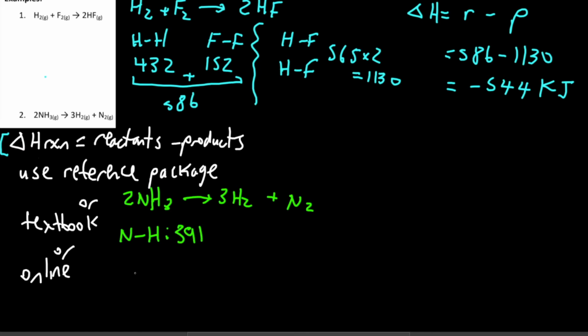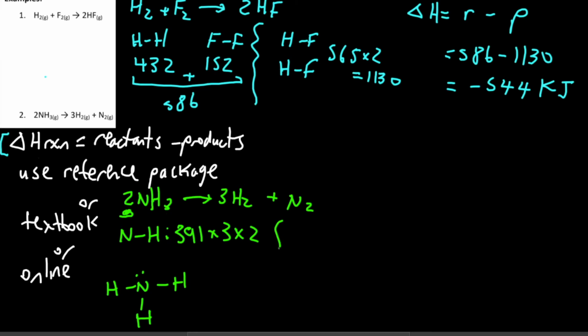However, if you actually draw out the molecule for NH3, which is ammonia, one ammonia molecule actually has 1, 2, 3 N to H bonds, and looking at our formula, there's 2 of them. So that means that you have to do 391 times 3 because there's 3 bonds, times 2 because there's 2 of these in our formula.